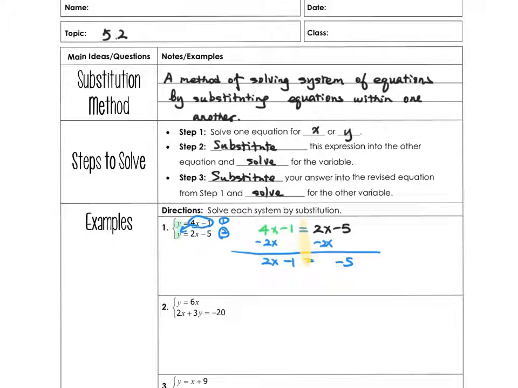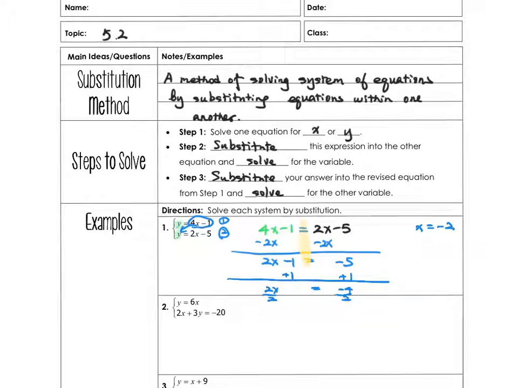Okay? And all the terms are lined up nicely together as well. So 2x minus 1, I don't want the minus 1 on this side. So I add 1 on both sides. I have 2x equals negative 4. Now if I divide 2 on each side, I have my final answer, x equals negative 2.